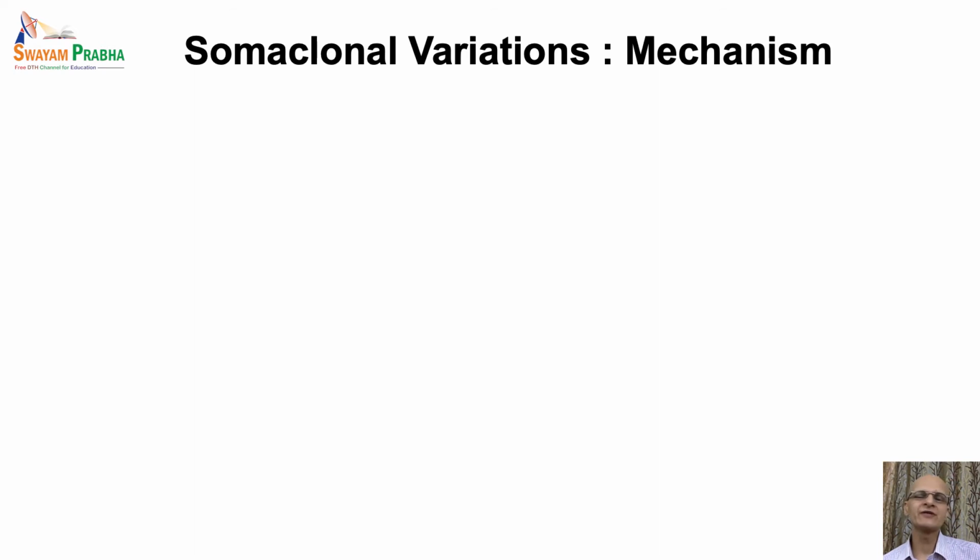So what could be the mechanism of these somatic variations which can result in the somaclonal variants? There may be numerous mechanisms that can result in the accumulation of these somatic variations.